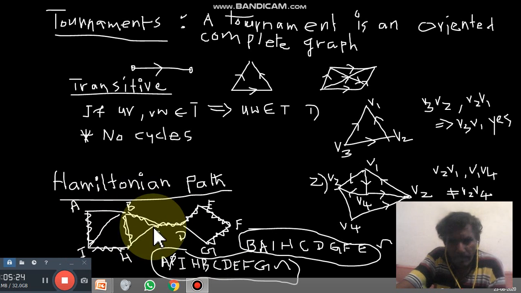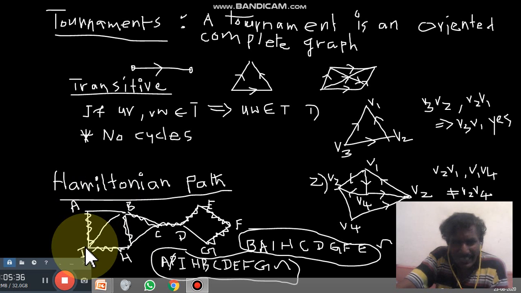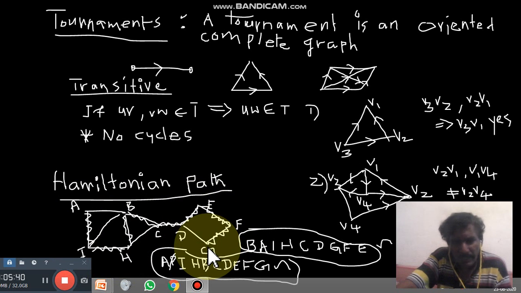A graph. Am I correct? A path which touches each and every vertex in a graph is called a Hamiltonian path.